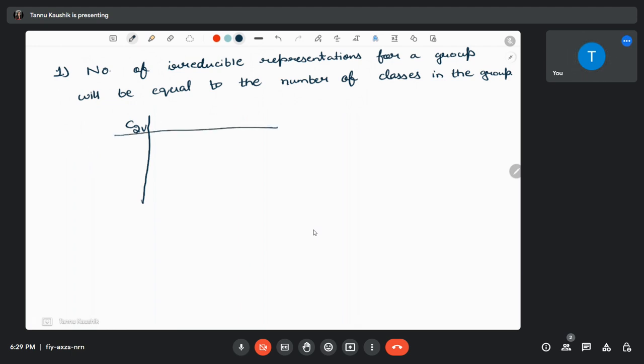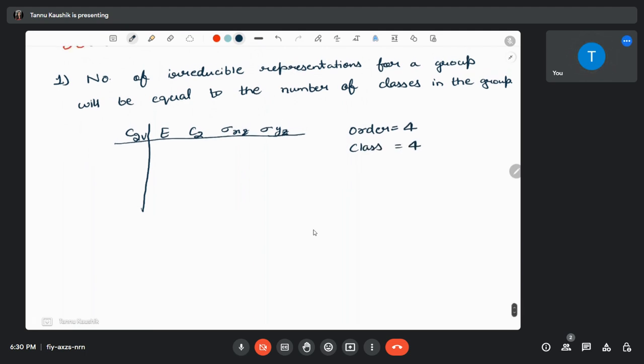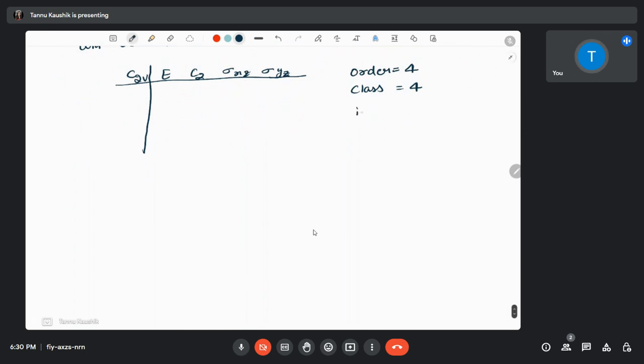So for C2V point group, how many classes do we have? We have the identity element, then the C2 axis, then sigma xz and sigma yz. Each of them is in a different class. So there are four classes. So here the order is 4 and the number of classes is also 4.